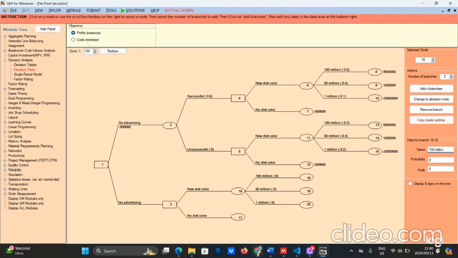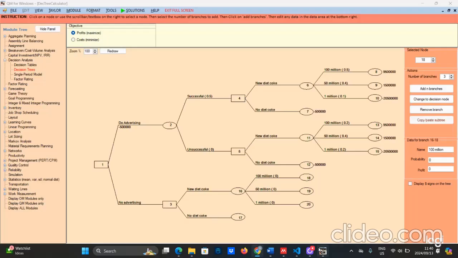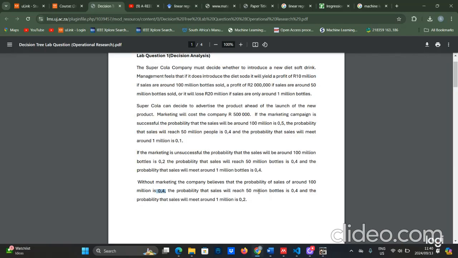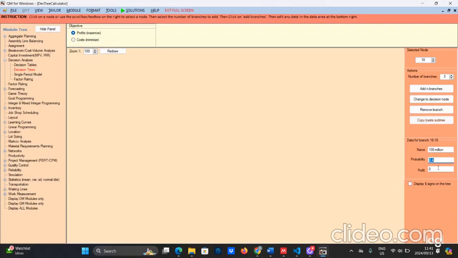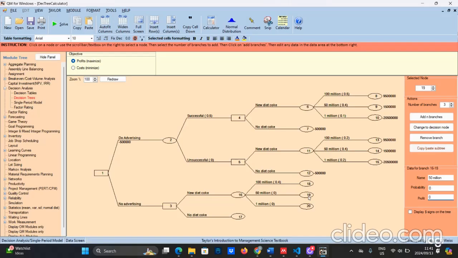So now here they're saying without marketing, the company believes the probability that they'll sell 100 million bottles is 0.4. Which means here our probability of selling 100 million bottles without marketing will be 0.4. And the probability of selling 50 million bottles without marketing will also be 0.4.